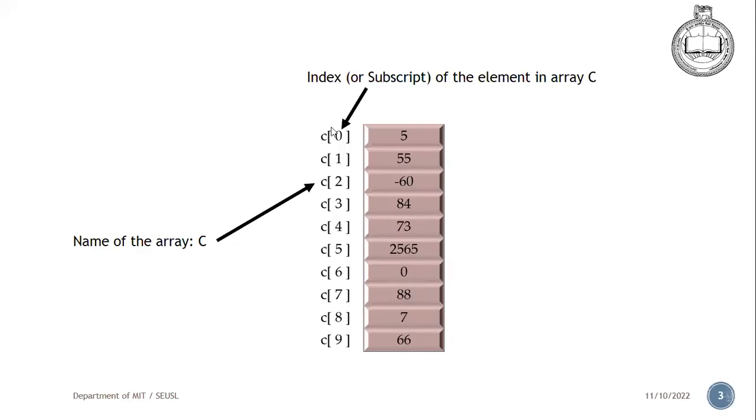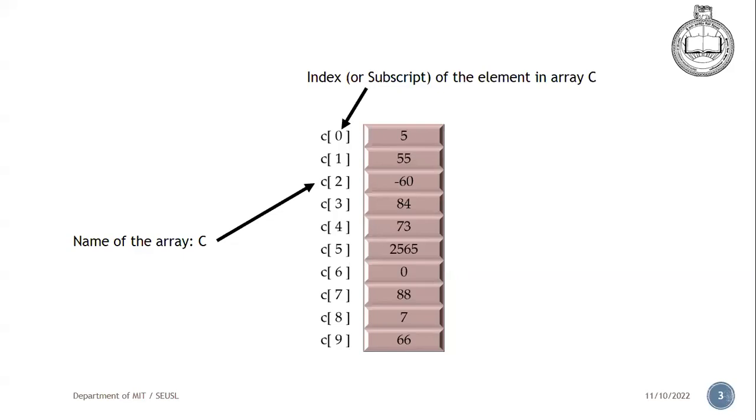Okay. So here the index, or as I told you, there is another name for that, subscript, but definitely I will not use this particular term. We will be using index. So index of the elements in array C. And as we told, normally the index does not start from 1. Especially when it comes to the coding part, the programming part, you should be clear about this.